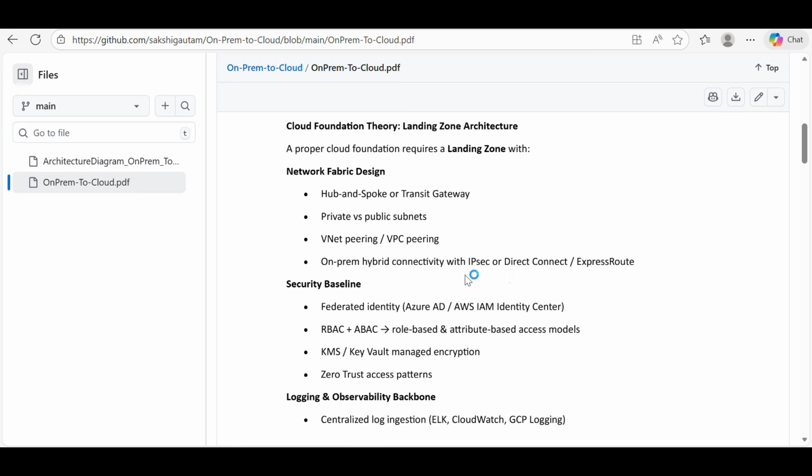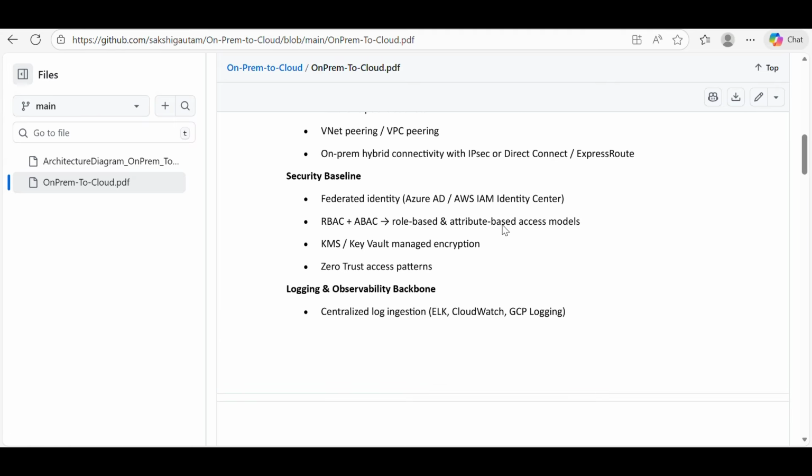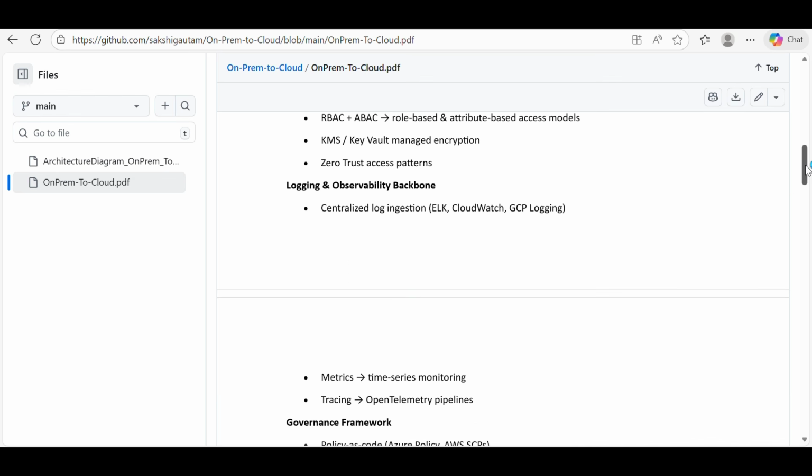The security baseline, like federated identity, how logins will happen, the role-based and attribute-based access model, key vault integration, zero trust access pattern, then logging and observability backbone. These are characteristics of cloud that we should use.